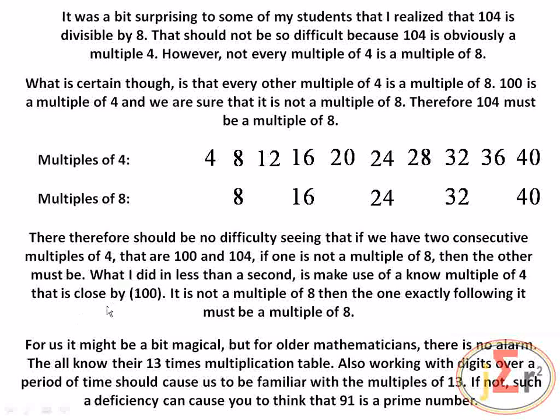Maybe they give numbers in the 90s, such as 93, 91, 97, and another one, and you are required to identify the prime number in that set. You cannot do that quite easily because you jump to say that 91 is a prime number when it is not.